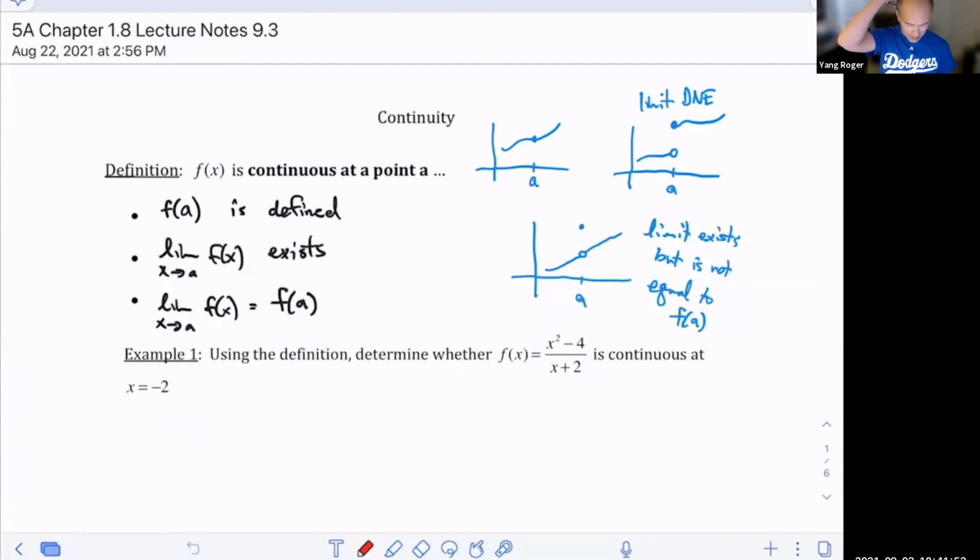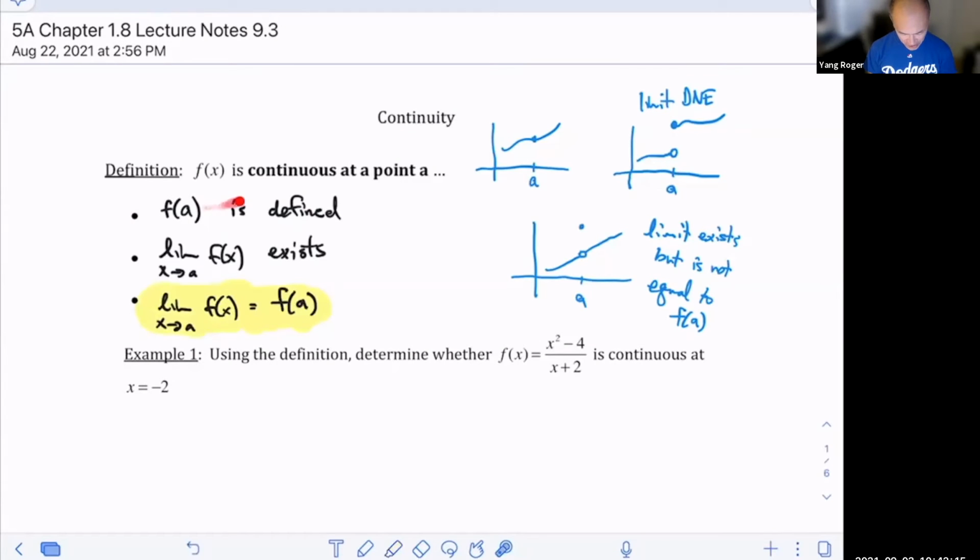So when I have this worksheet over here, this looks like 3 kind of separate conditions, but in reality, the actual definition is just this last part. So this is the real definition.